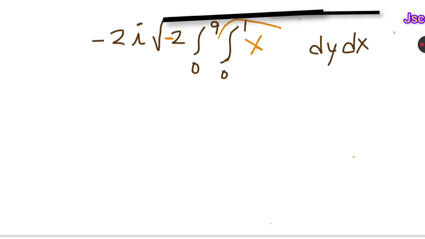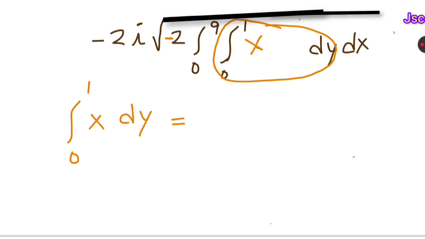Now observe only this integral from 0 to 1 of x dy. We are integrating with respect to y, not with x. That's why x is a constant. So take x out, and the integral from 0 to 1 of dy. That is equal to x times the integral from 0 to 1 of dy. The value is y only.